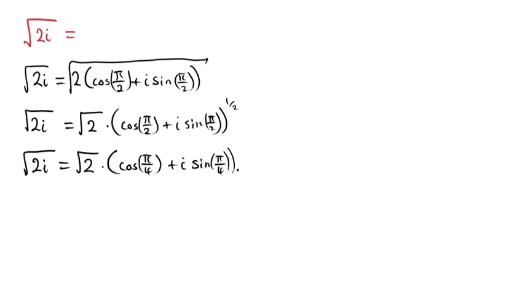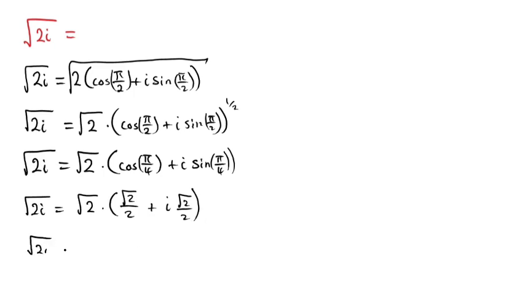Like this. Now, cos pi over 4 is root 2 over 2. So first of all, you can say root 2i is equal to root 2. Cos pi over 4 is root 2 over 2. Sine pi over 4 is also root 2 over 2.